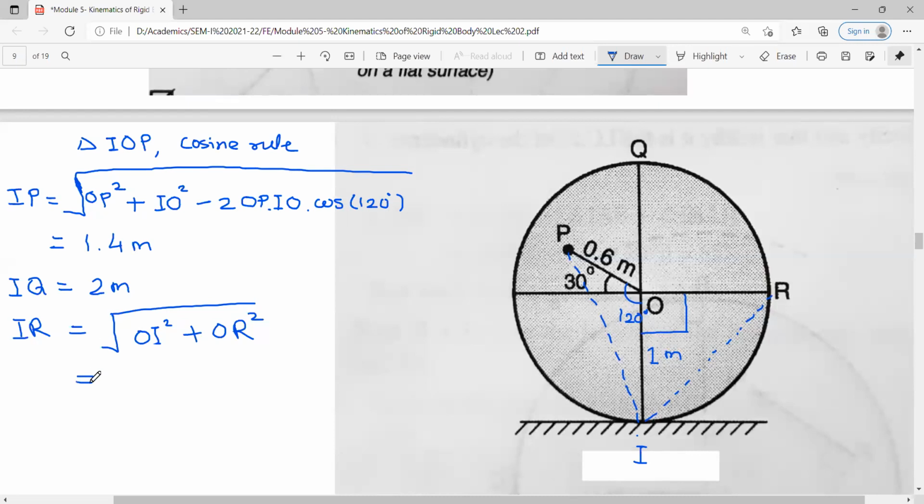So the length IR will be equal to root 2, or 0.707 meter.